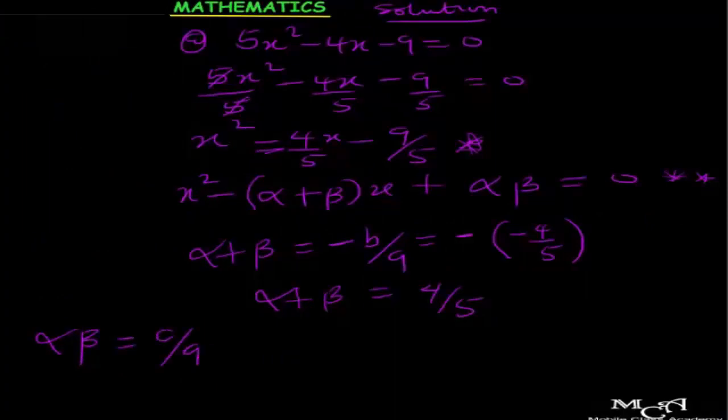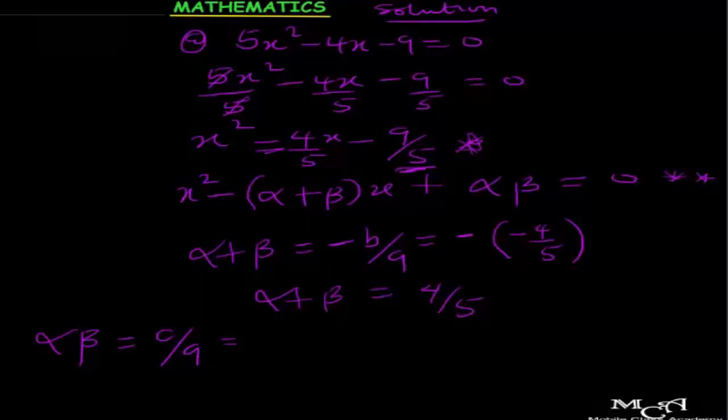And if you compare the two equations, you find out that your c over a here, which is this one, is actually negative. If you slot it in there, your c over a becomes minus 9 over 5.